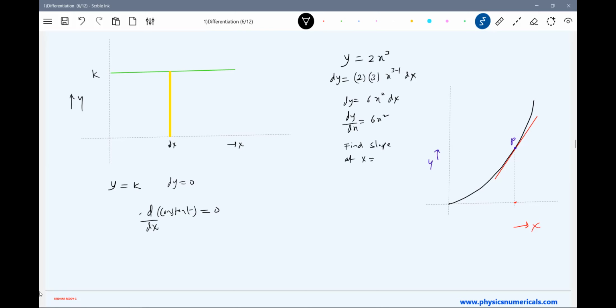What shall I do? Corresponding to x equal to 3, I'll draw a tangent. Then I'll measure this angle theta from a protractor. Then I'll write tan of that, and I'll get the slope of the curve at x equal to 3.